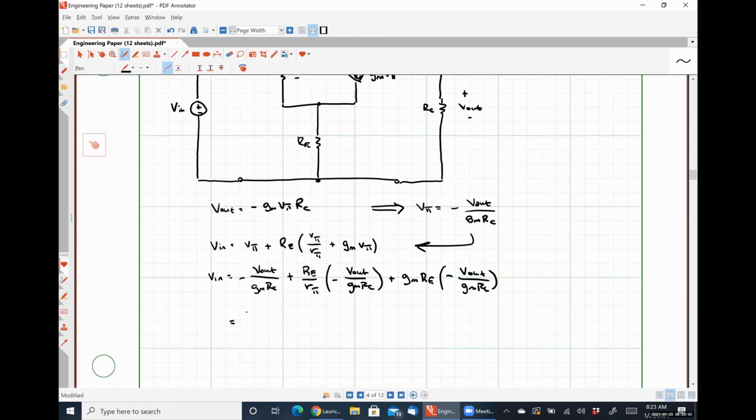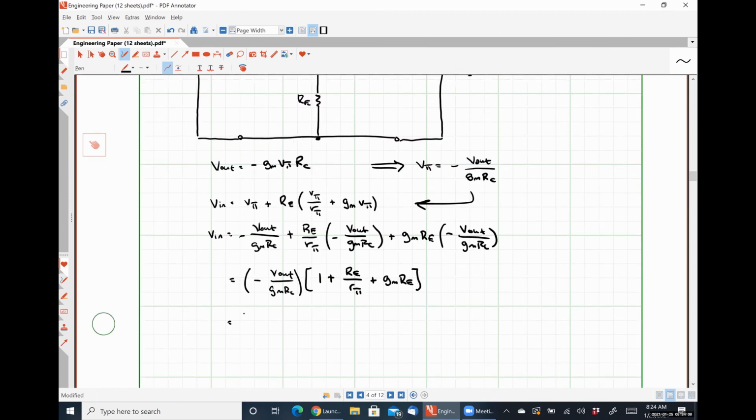If I factor out that common factor of negative V out over GM RC, over here I get 1 plus RE over R pi plus GM RE, which looks like negative V out over GM RC times 1 plus 1 over R pi plus GM times RE.